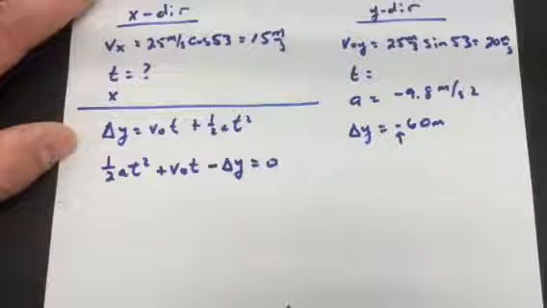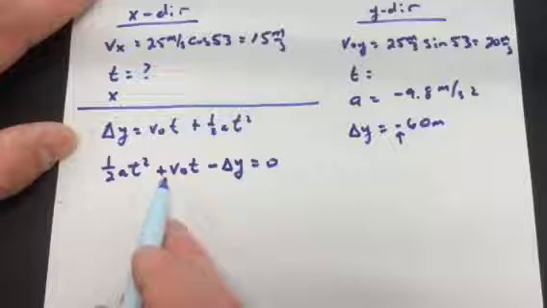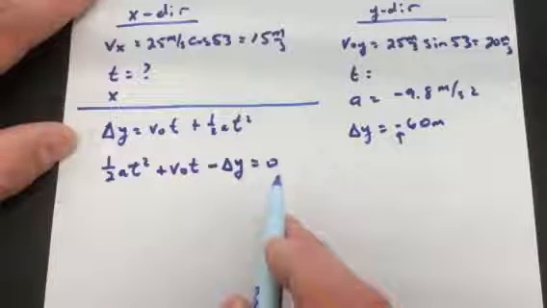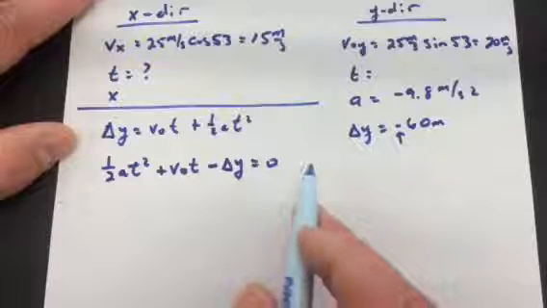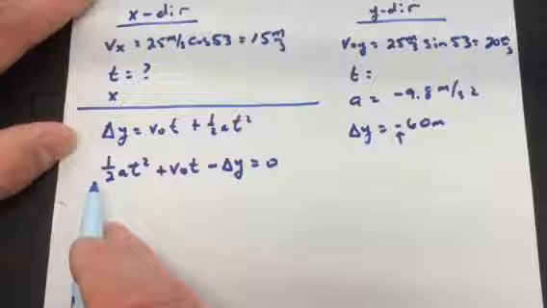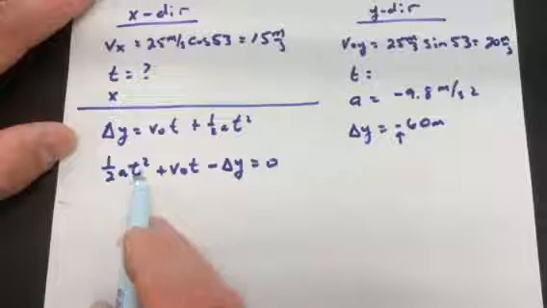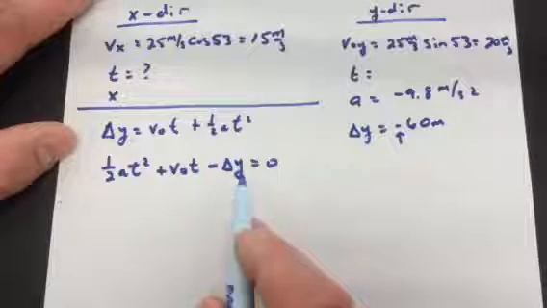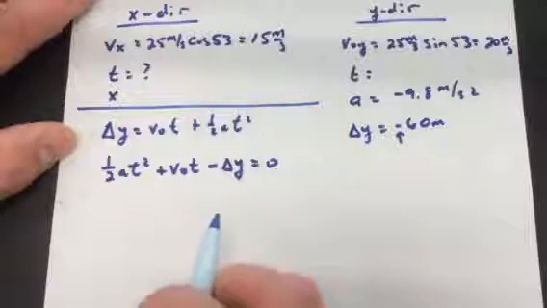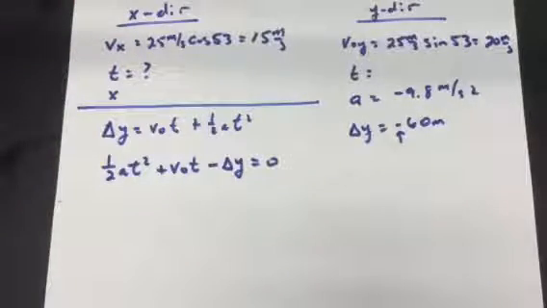All right. So generic quadratic form is ax squared plus bx plus c equals 0, and then we have a formula that solves for x. Well, what we're looking for here is t, so we have the squared term of t, the non-squared term of t, and the one without the variable has to be equal to 0. Okay?